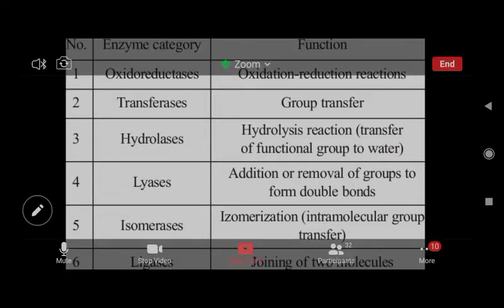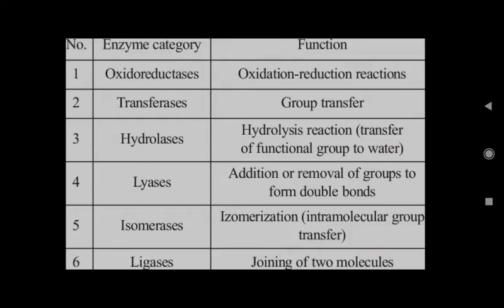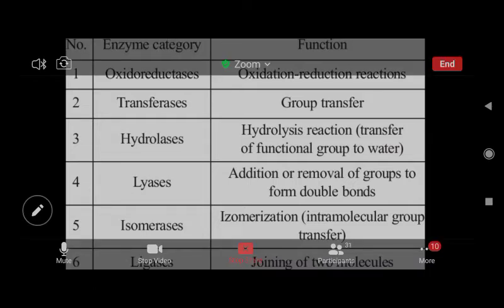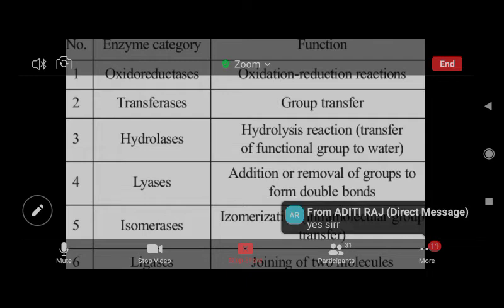So this forms a new compound by the joining of two molecules. So RUBP carboxylase, which was acting as a carboxylase, also acts as a ligase. Is it clear, Aditi? Aditi, is it clear to you now? Okay, fine.